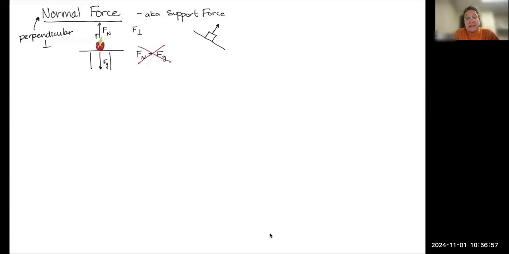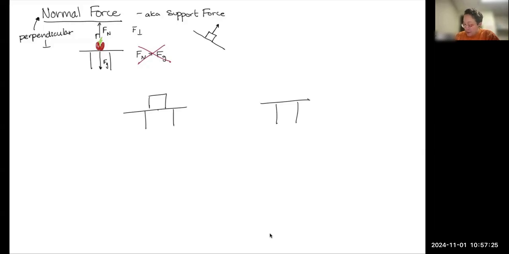The reason is that it is a little oversimplified, because a lot of times the normal force and gravity will not be the only two forces acting on an object. So let's look at a couple examples here. Now, the way I like to think about these problems is by understanding that the job of the normal force is to essentially cancel out all the other forces. Gravity is usually the biggest one, but it isn't always the only one.